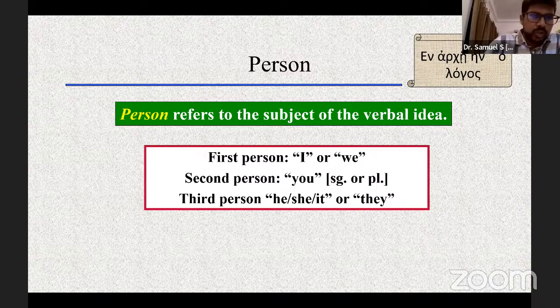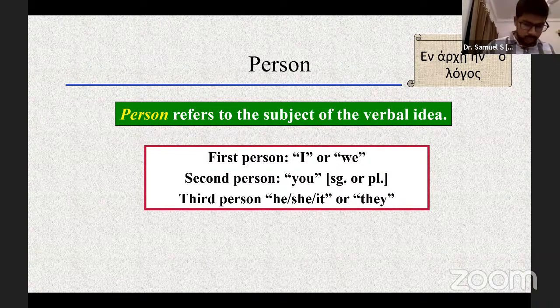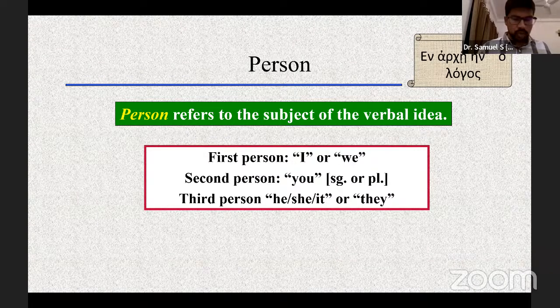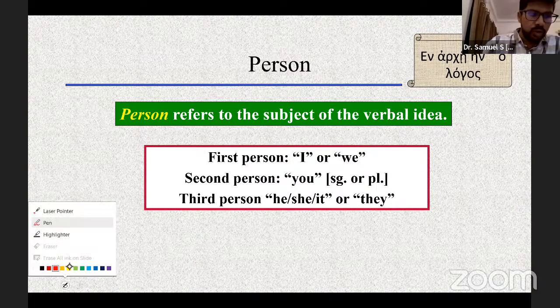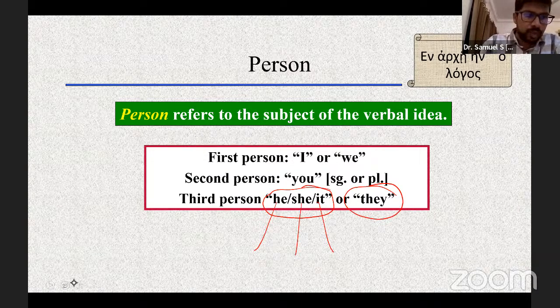So first person singular would be I, and first person plural would be we. Second person singular would be you in the singular, and second person plural would be something like y'all or you all in the plural. And third person singular will be he, she, or it, masculine, feminine, or neuter. And third person plural would be they.